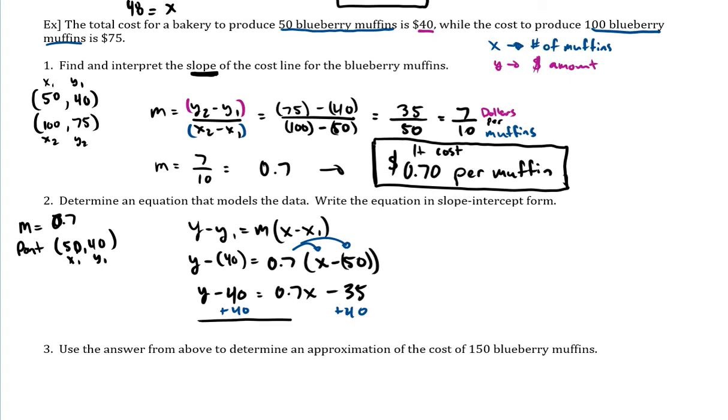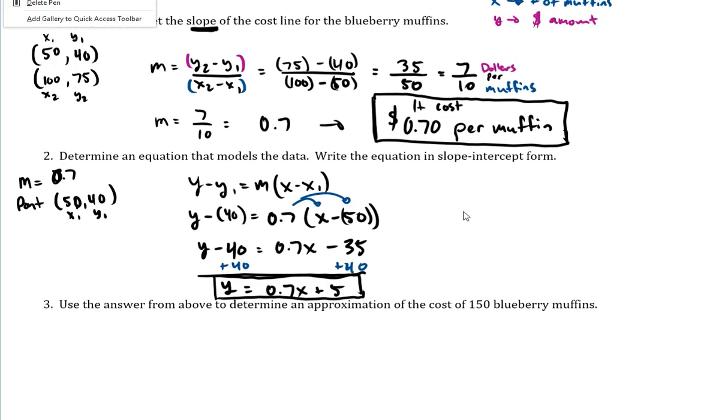And that will give us our y by itself equal to 0.7x plus 5. Okay, so there we go. So this is the equation that models the data. Again, the y is the cost in dollars, the x is the number of muffins.